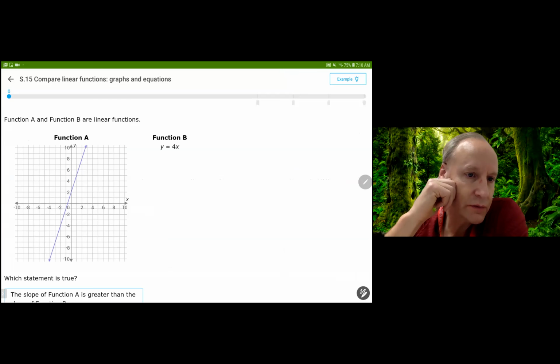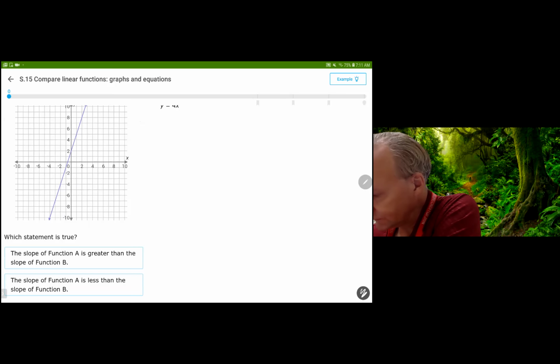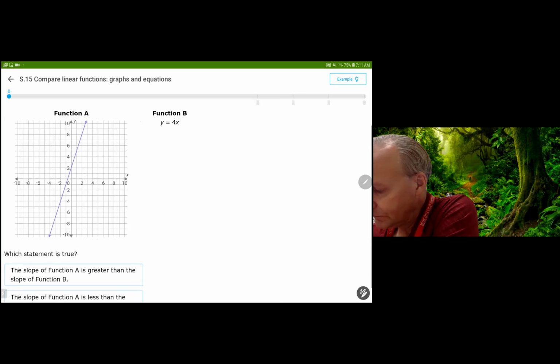Is the statement true? A and B are linear functions. Yes, they're linear functions. They're not the same linear function. Oh, the slopes. Okay, so they want to compare the slopes. Well, the slope of function A is 3, and we can see why. Let me point out how I know.